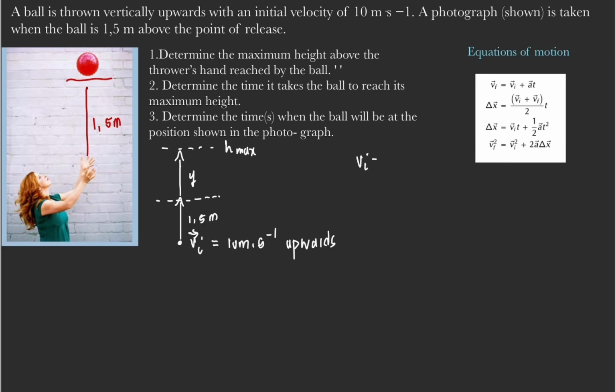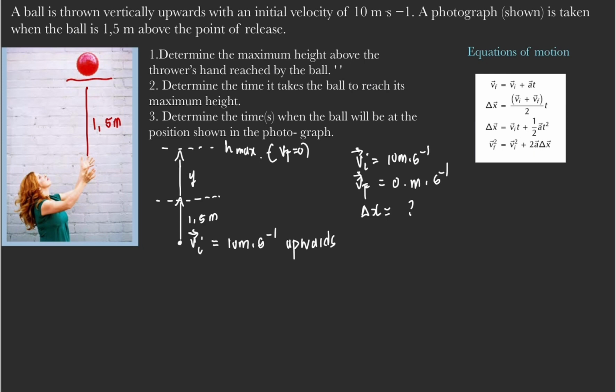Vi is equal to 10 meters per second. Vf, at this point where the height is at its maximum, is equal to 0, as we have already discussed. So Vf is equal to 0 meters per second. And then the change in distance, or the displacement of this ball, we don't know.